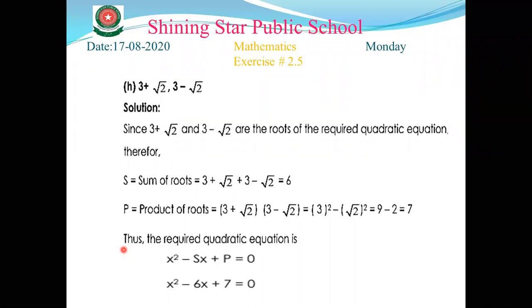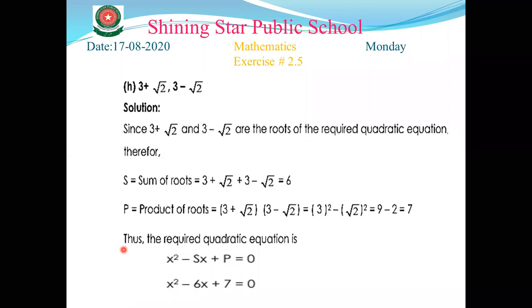Plus square root 2 minus square root 2 cancel, 3, 3, 6. Now, next is the product of the roots. 3 plus under root 2, 3 minus square root 2, it means a plus b, a minus b. And we know that when we multiply a plus b, a minus b, we will get a square minus b square.